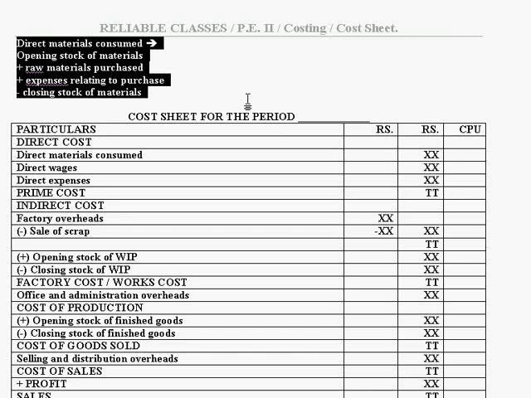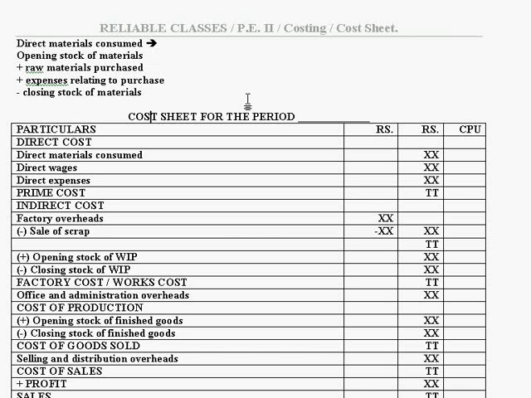Is this copied? Then have the cost sheet, please. Quick.